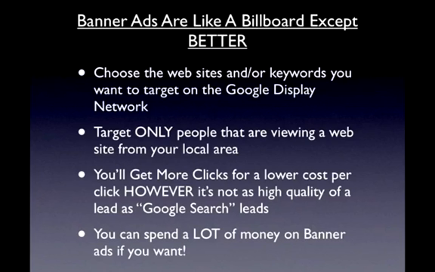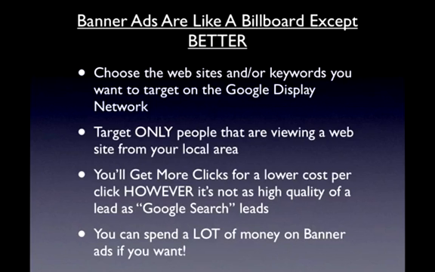Again, when you start your banner ad campaigns, you're going to be focused. You're going to potentially choose the websites that you want to have your banner ads show on, or you're going to be choosing your keywords. For example, if there's a blog that's talking about mortgages or the HARP refinance, then you would have your ad show for that keyword, because the keyword HARP or the keyword refinance would be on that page, so that would trigger your ad to show on that page.